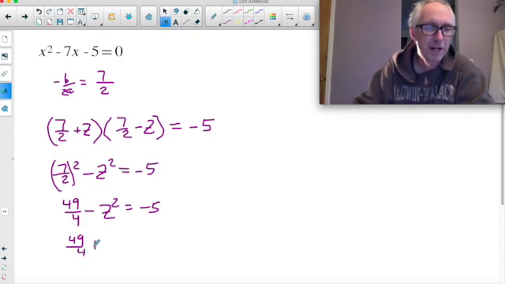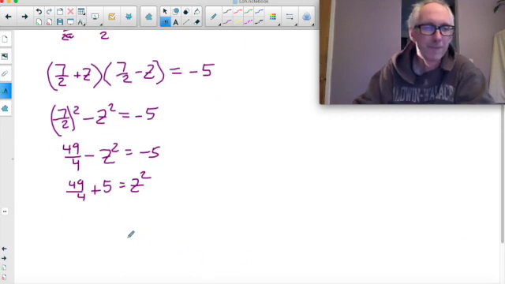Okay, we're going to add 5 to both sides and add z squared. So that will give us this equation. All right, doing a little math in my head. 5 is equal to 20 over 4.